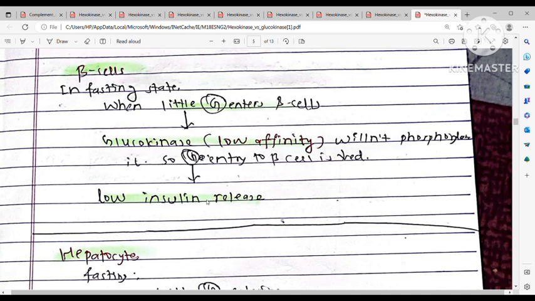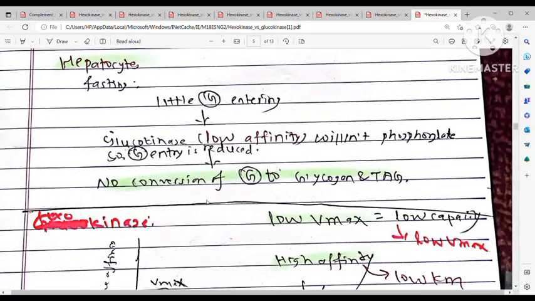That's why insulin release will be low. In hepatocytes, in the fasting condition, little glucose enters. As glucokinase has low affinity, glucose is not converted to glucose 6-phosphate. So there will be no further entry of glucose. That's why there will be no conversion of glucose, which is little during fasting, to glycogen and triglycerols.